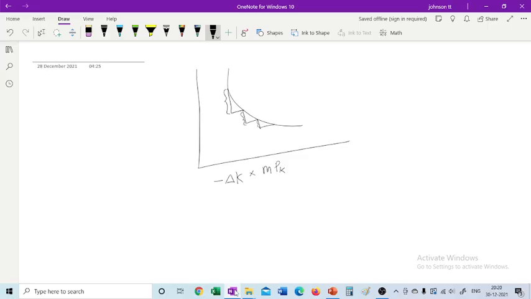Marginal productivity of capital means how much output is contributed by the last unit of capital that we employ. So that output multiplied by the amount of capital that we are replacing. This much output we are losing. That must be equal to the amount of output that we are getting when we use additional units of labor.